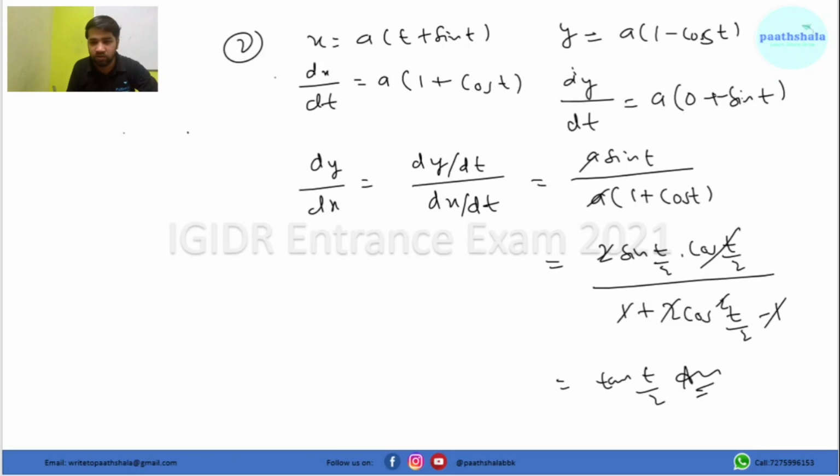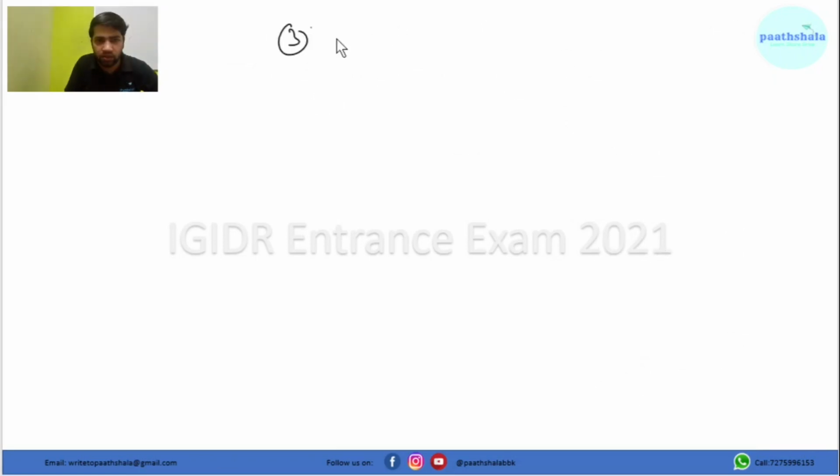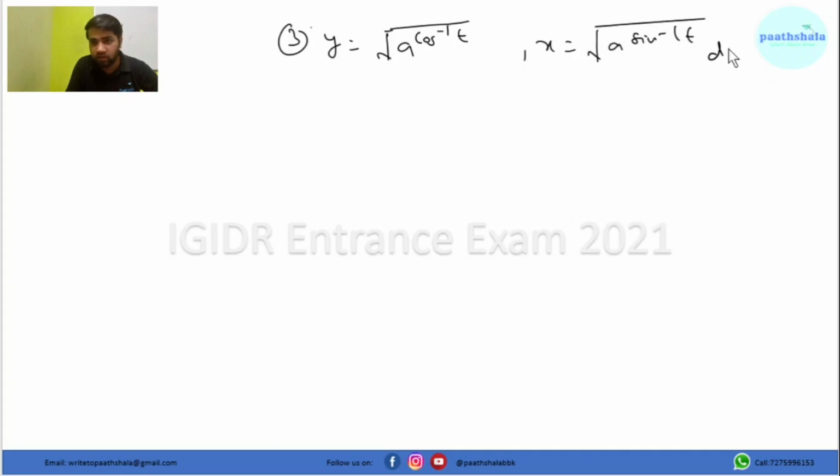Okay, let's move to the next question, question 3. This is y equals under root a to the power cos inverse t and x equals under root a to the power sin inverse t. We have to find dy by dx here. For that, let's differentiate y with respect to t.